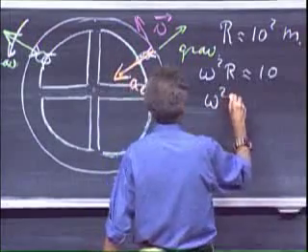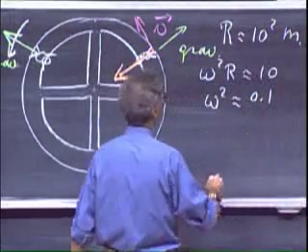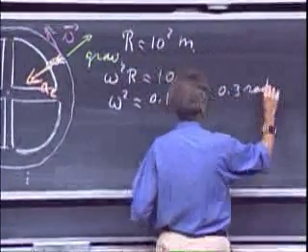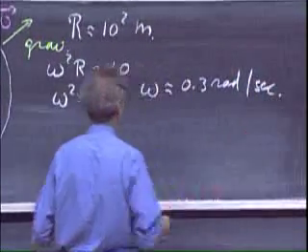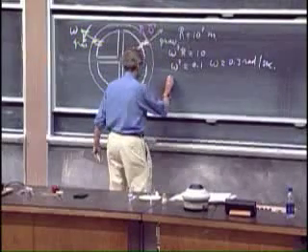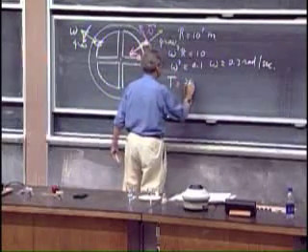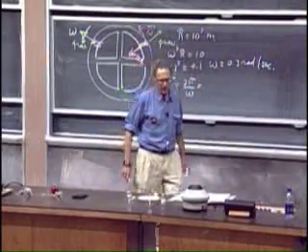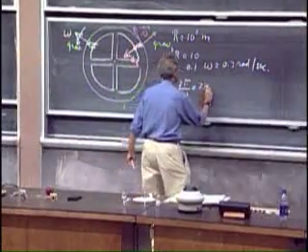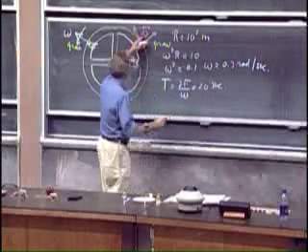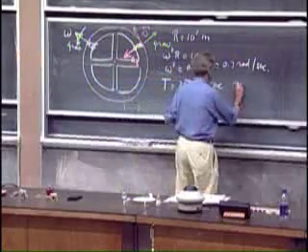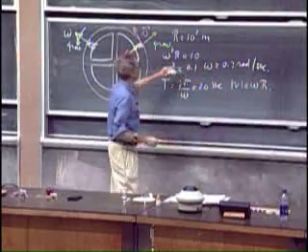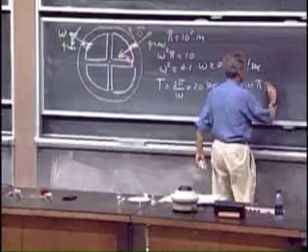So omega squared is about 0.1. So omega is about 0.3 radians per second. And so the period to go around is about 2 pi divided by omega, and that is about 20 seconds. And the tangential speed, that value for v, which is omega r, would then be 0.3 times 100, about 30 meters per second.